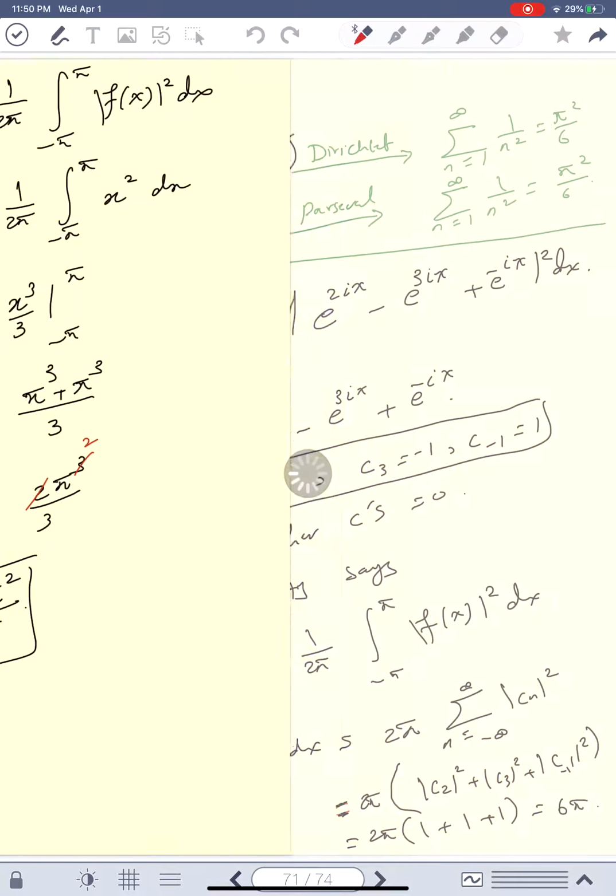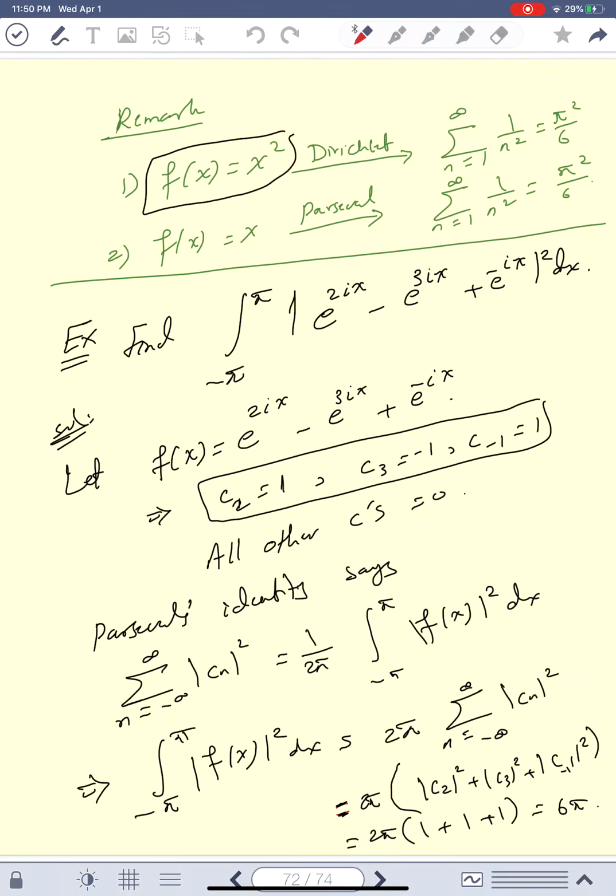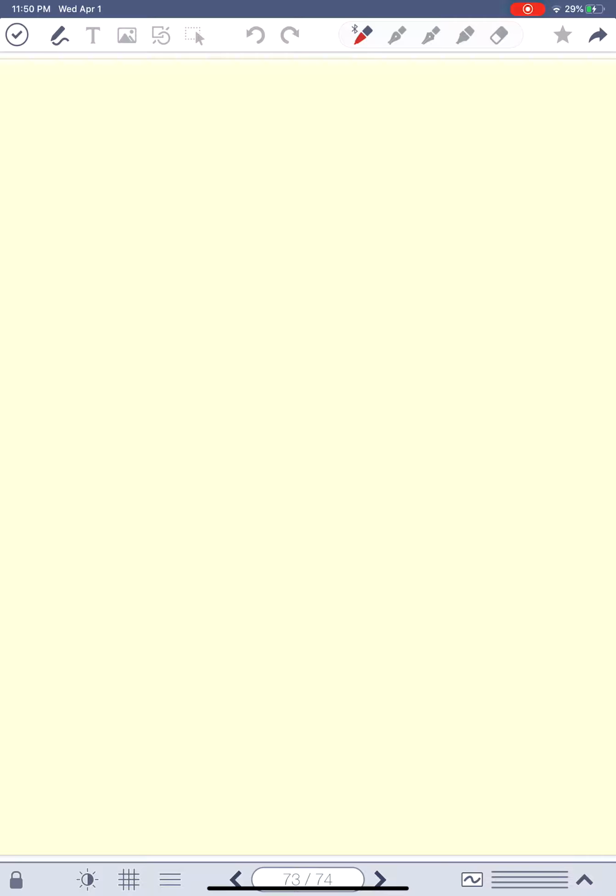Again, I'm going to call this the complex Parseval's identity, and let's see now the real version of Parseval's identity.